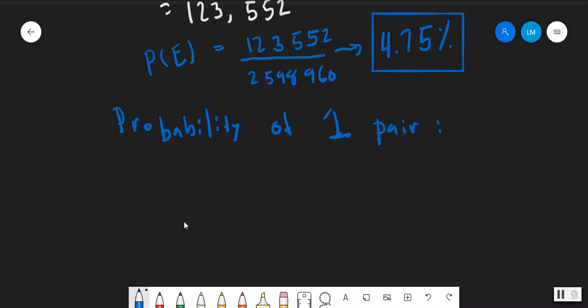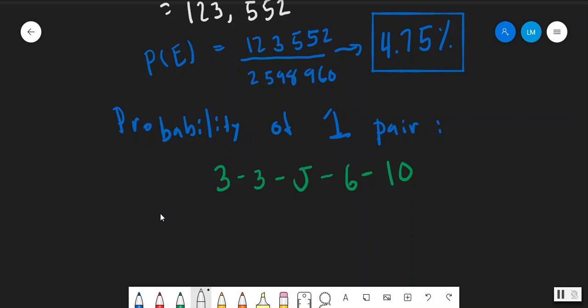Well, the probability of one pair is essentially like saying that we have a 3, followed by maybe a jack, a 6, and then a 10. We can't have any other matching cards. So we just need to figure out the total number of ways that we can find a pair.